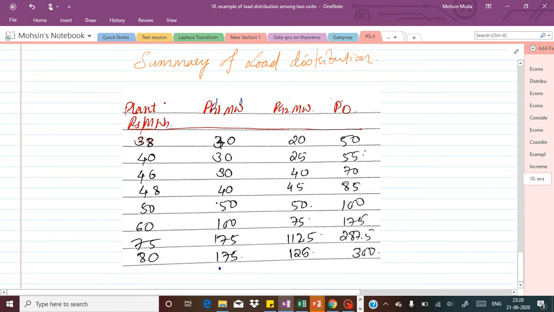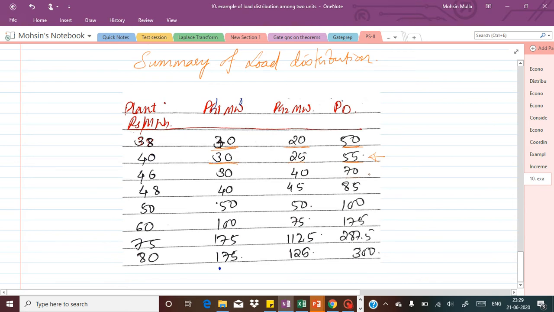Initially, when the minimum demand is 50, the minimum capacity of the two generating units is used. As the demand is increased to the next value of 55 megawatt, generator 1 is kept at minimum value, because generator 2 is economical in that case. So only generator 2 load has been increased to 25 megawatt.